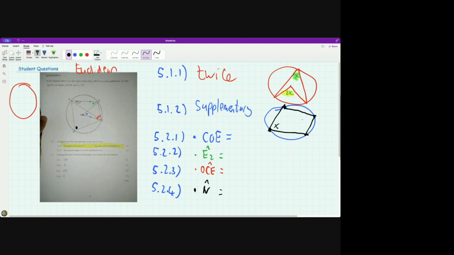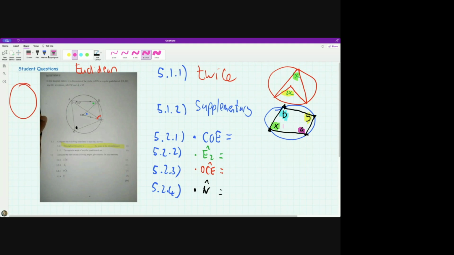The opposite angles in a cyclic quad would be like those 2 sets over there. And in this case, what we're saying is these 2, the x and the y, will always add to 180 when it's a cyclic quad, and the b and the a would also add up to 180. Okay, so that's what I would call bookwork.